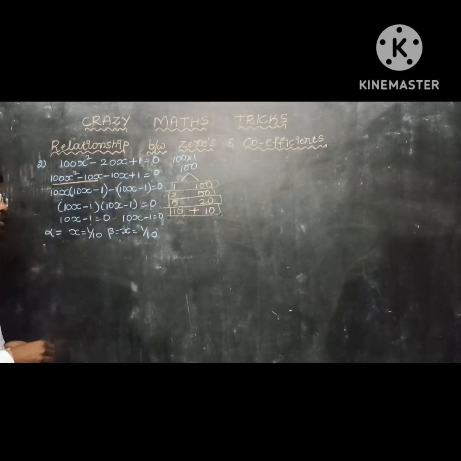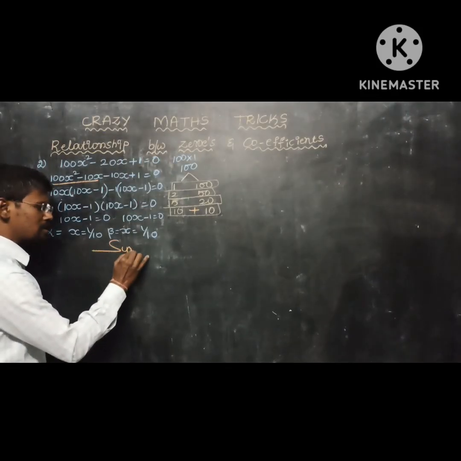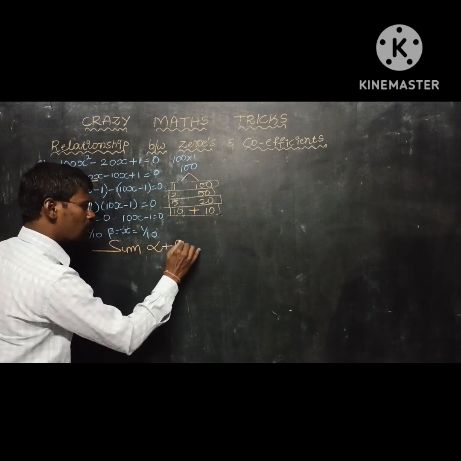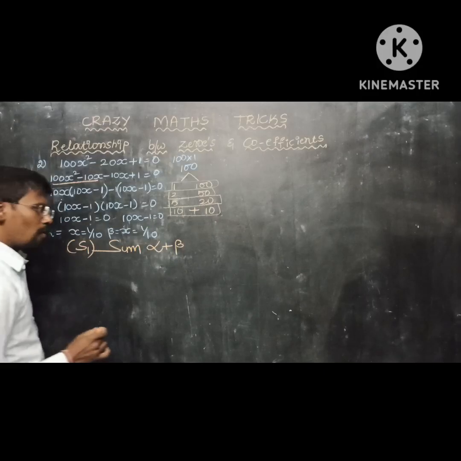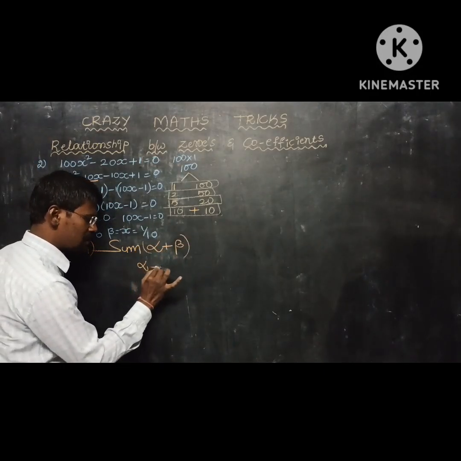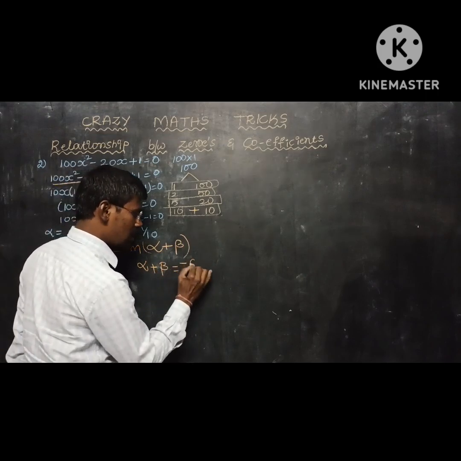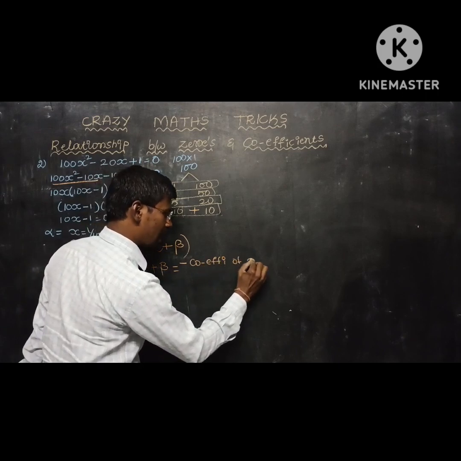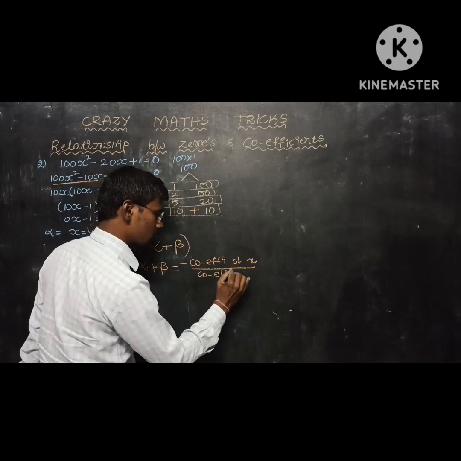So we are continuing with the relationship. First I am going to continue with the sum relationship. Sum relationship is alpha plus beta, it can be represented as S1. What is that alpha plus beta relationship? Alpha plus beta relationship is, already we discussed, minus coefficient of x by coefficient of x square.